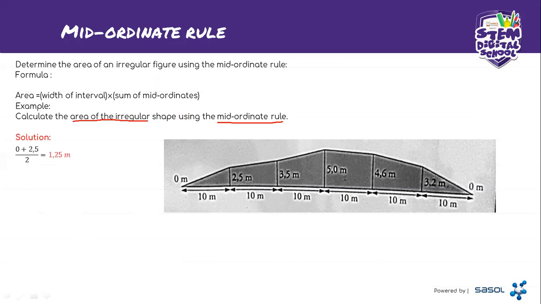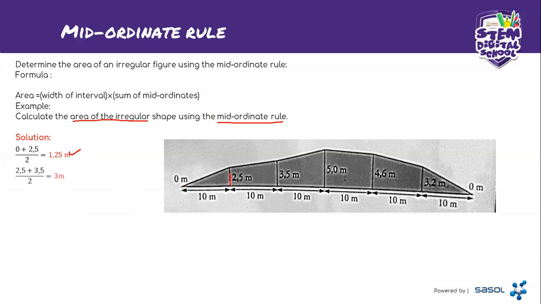First, we are going to determine the mid-ordinates, right? How do you obtain that? You take the first ordinate, in this case 0, plus the second ordinate, 2,5, then divide by 2, which gives us 1,25.